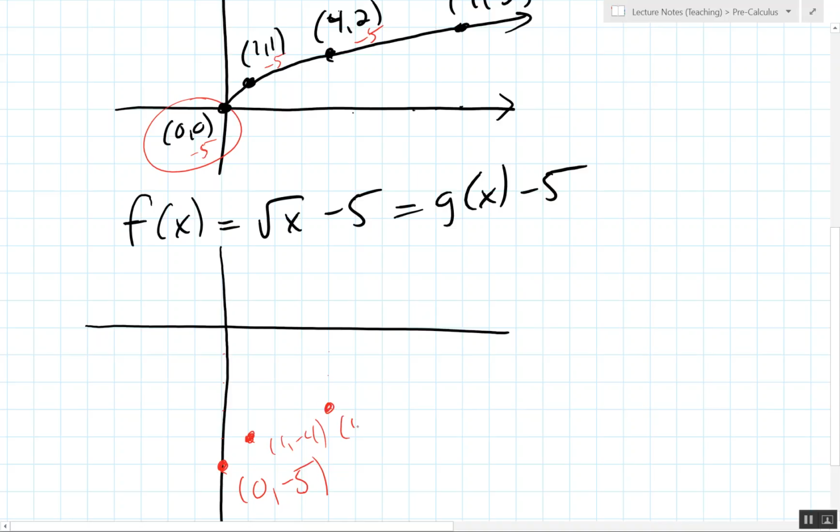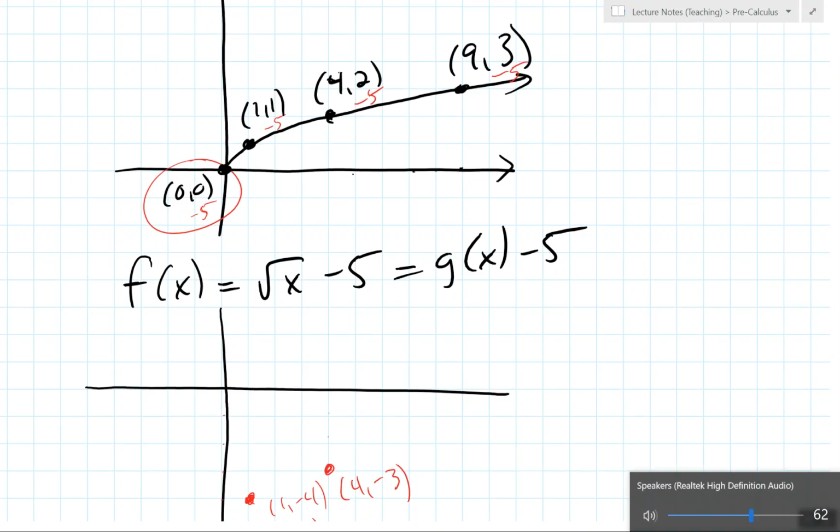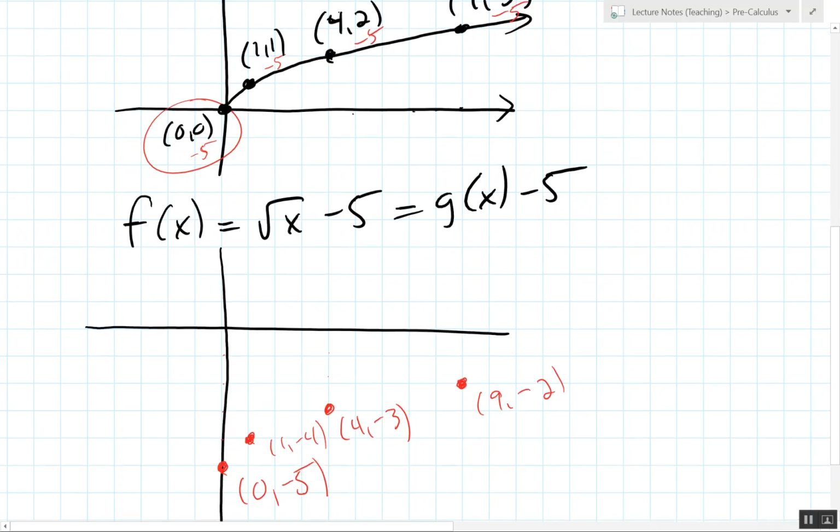This will be 4, negative 3. Then we go over here and subtract 5, and we'll be at 9, negative 2. And so we will be right here at 9, negative 2. Then we connect the dots.